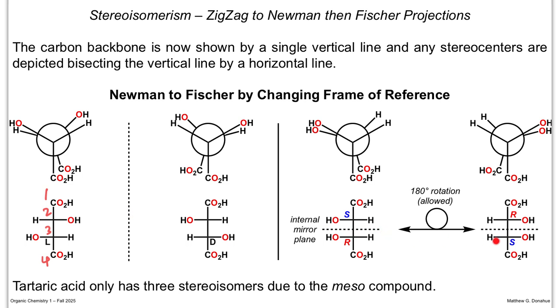So for a meso compound, you have to have stereogenic centers with an internal mirror plane. That's the definition of meso. So the specific rotation of that will be 0.